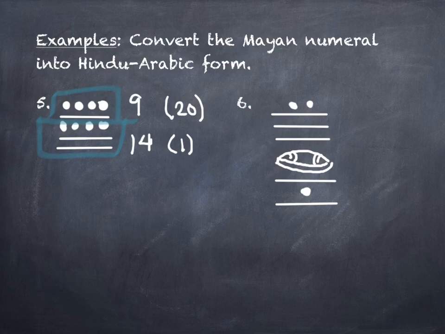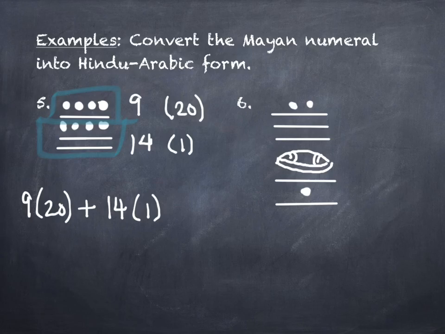So I do the same thing I did with the Babylonians. What operation am I going to be using? Multiplication. I take their number into mine and use multiplication. So I have 9 times 20 plus 14, or 14 times 1 if you prefer to think that way.